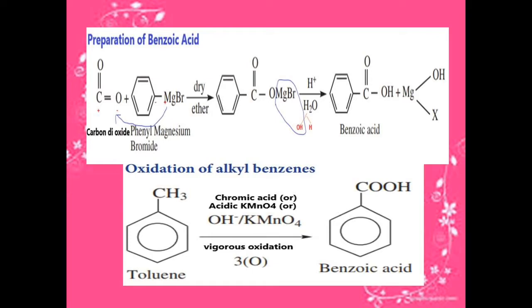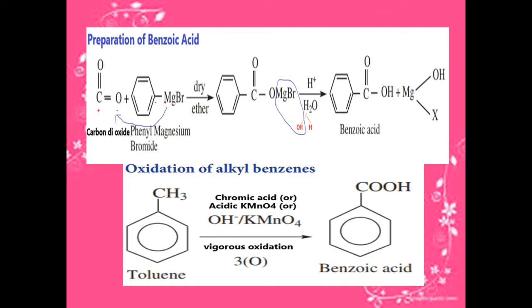Now the positive goes to the negative and the negative goes to the positive, so we get one compound in the center. That center compound is now added with water. The magnesium releases the old oxygen and gets the new oxygen from the water's OH, so we get a compound like MgOH, and X is known as Br or chlorine or any other halogen. The rest of the compound is added with H, and we get benzoic acid.